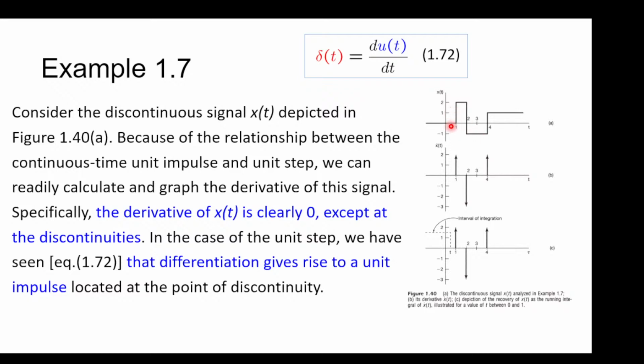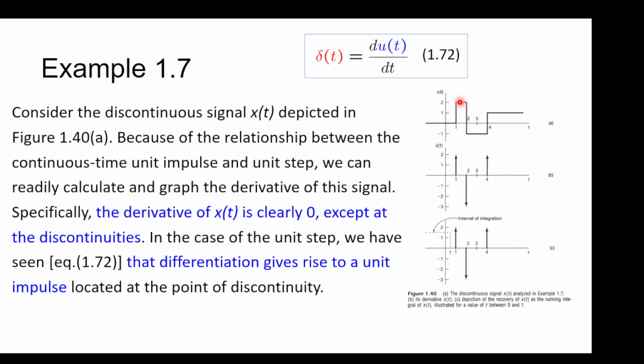For example, the jump from 0 to 2 is like twice a unit step function happening here. Remember, the delta function is the derivative of the unit step function. So the jump happening at t equal to 1 is like a unit step function with height 2, and when you take a derivative, you get twice a unit impulse function. So you get 2 here.